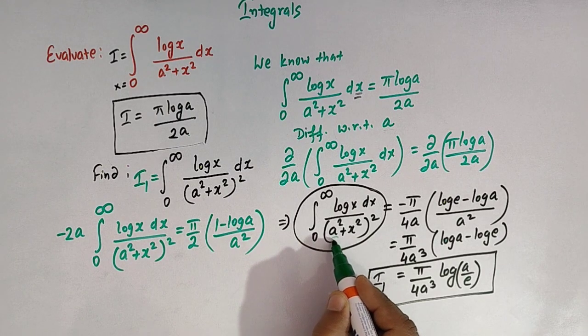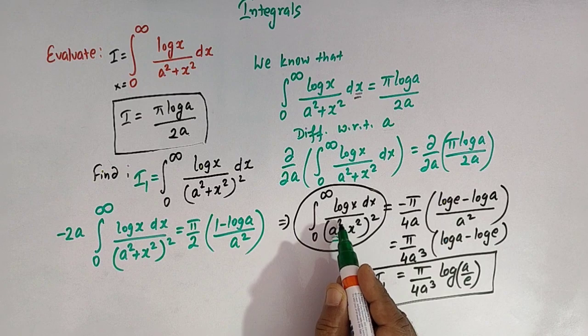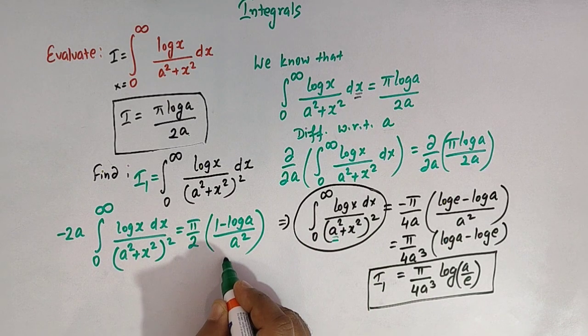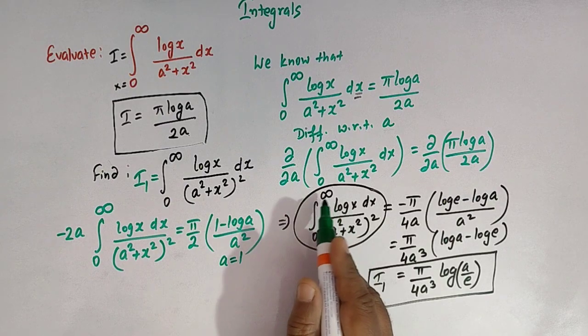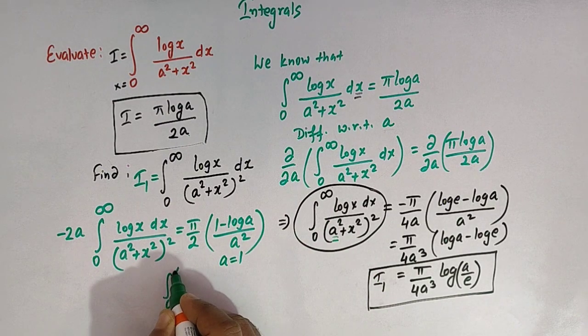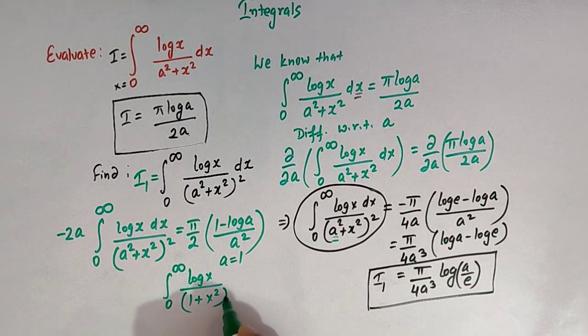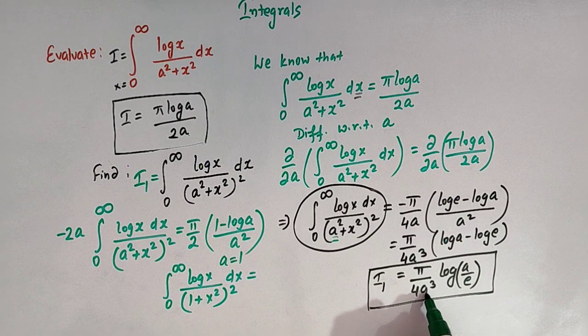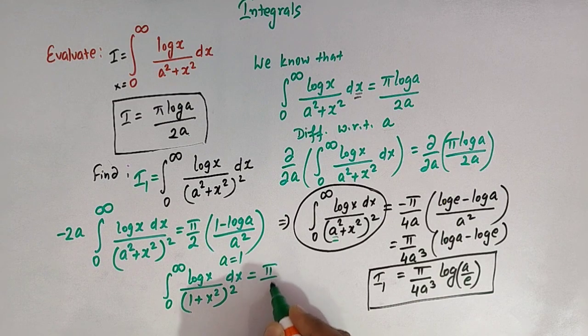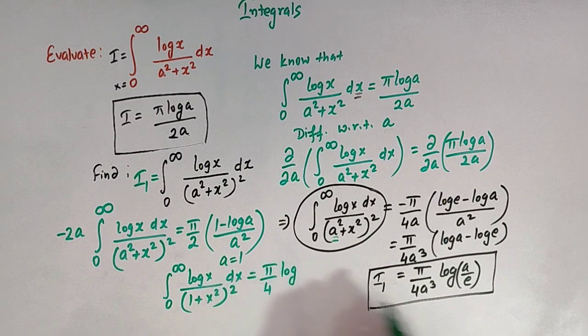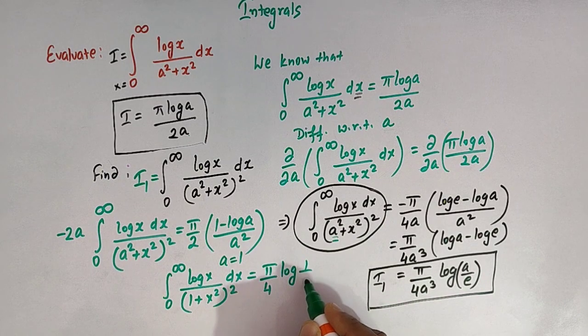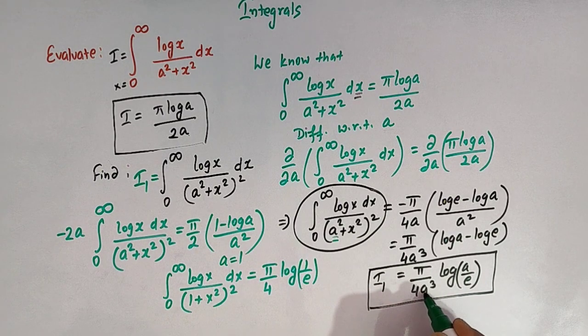See, if we take a equal to 1 here, then see what we will get. The integral reduces to 0 to infinity of log x over 1 square, which is 1, so we have 1 plus x square whole square dx, and this equals pi over 4 times log of 1 over e, and 1 cube is 1 because we are taking a equal to 1, right?